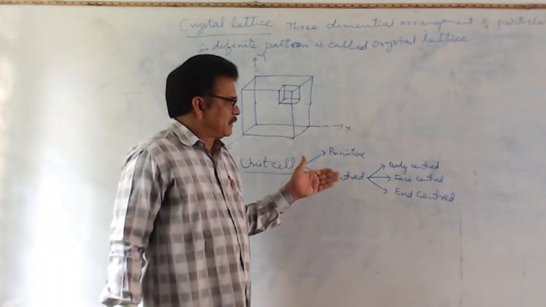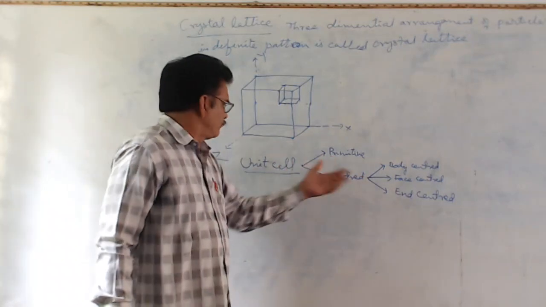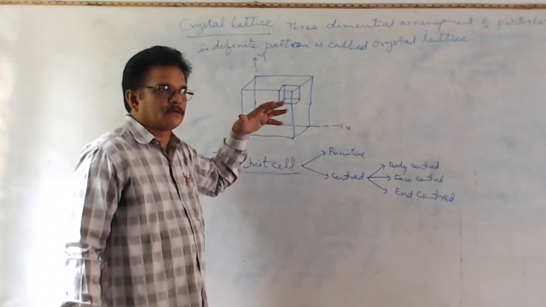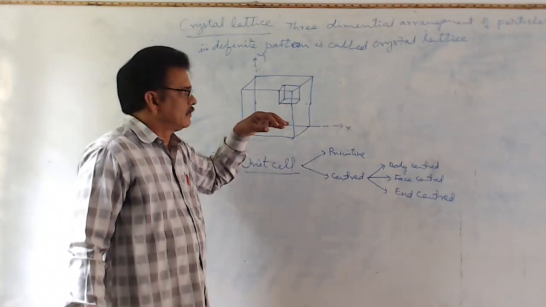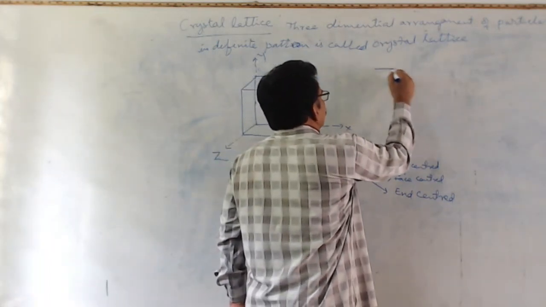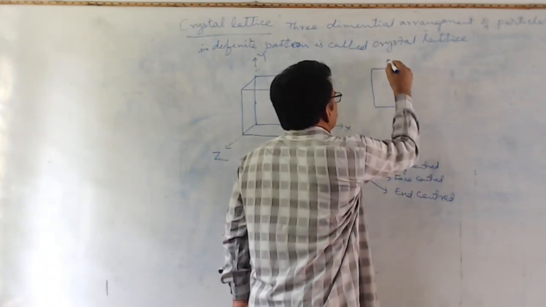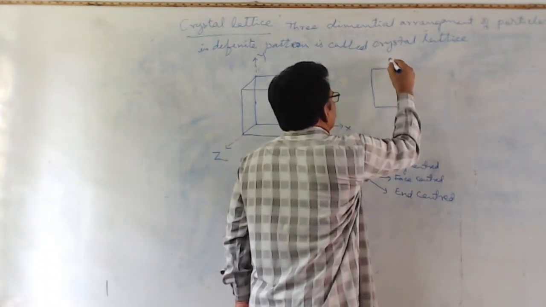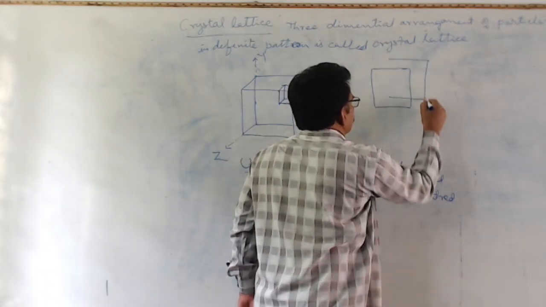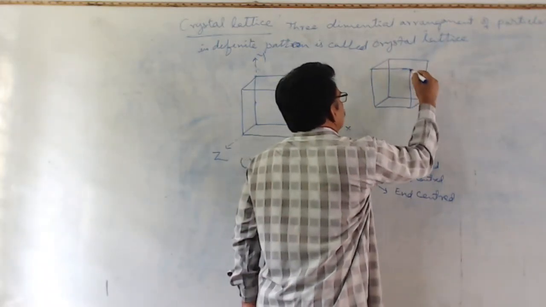Okay. So let us discuss the types of unit cells in the cubic system. We will discuss what is the cubic system or which types of systems are there later. If we take a cubic system, this is a square. Draw another square like this. Join the corners. You will get a cube.